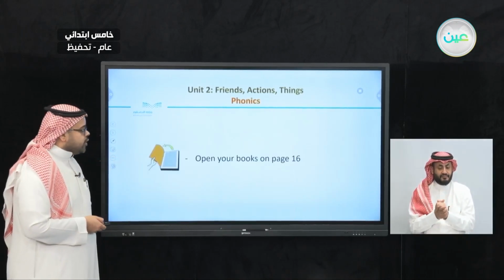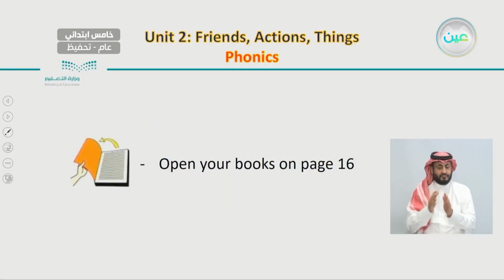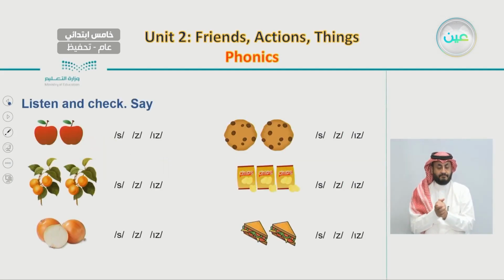So now, I would like you please to open your books on page 16. On page 16, here we're going to learn about the different s sounds in the plural.